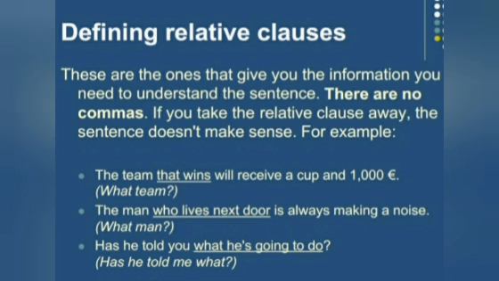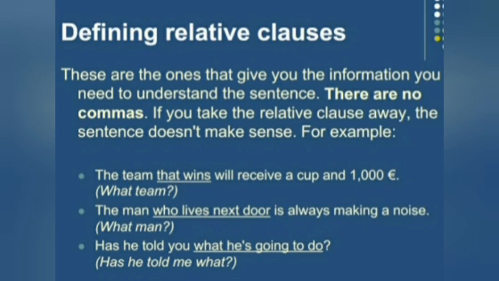Take another example. The man who lives next door is always making a noise. So here your relative clause is who lives next door. Now, if I take away this clause from here, who lives next door को मैं हटा दूँ, so you are left with the man is always making a noise.